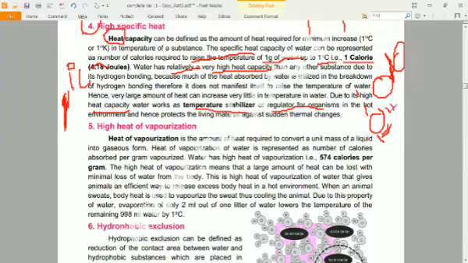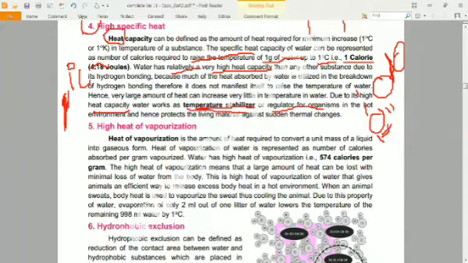The molecules absorb the heat and try to break the bonds, but it needs too much heat, so sudden thermal changes do not occur in our body.